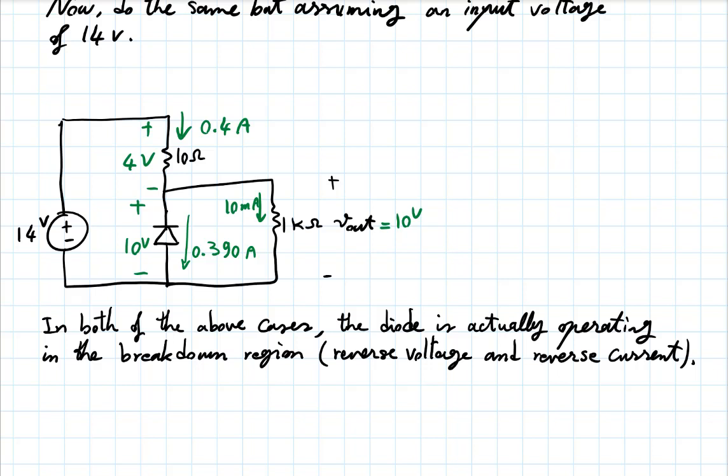For instance, let me throw another example. What if I keep the input at 14 volts, but instead of the 10 ohm resistance, I put in a mega ohm? What would happen?